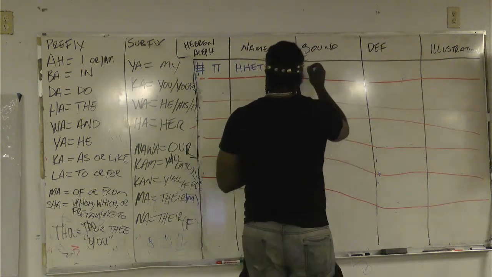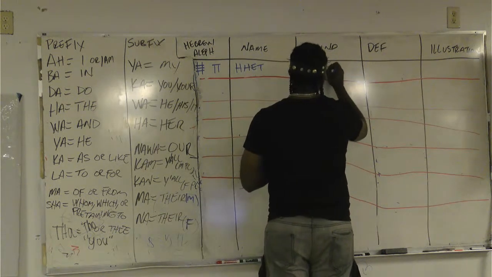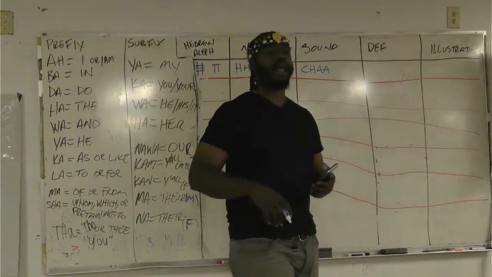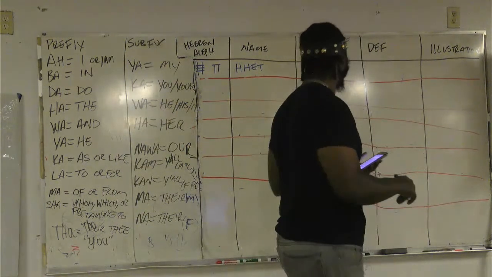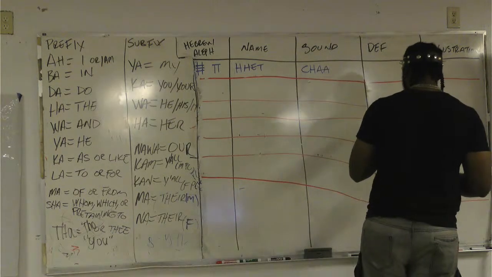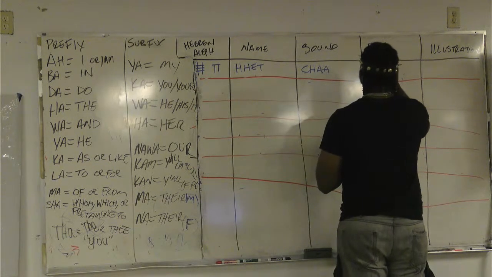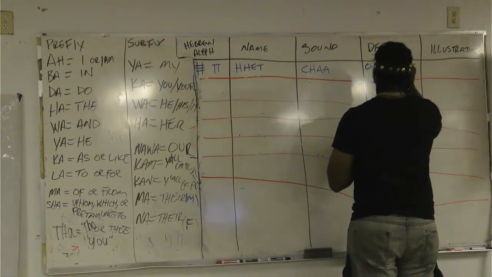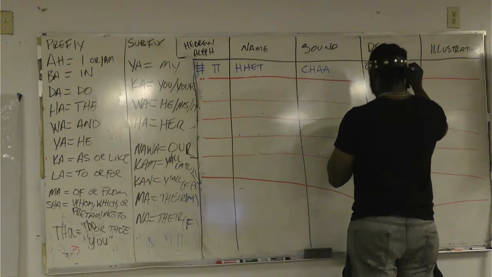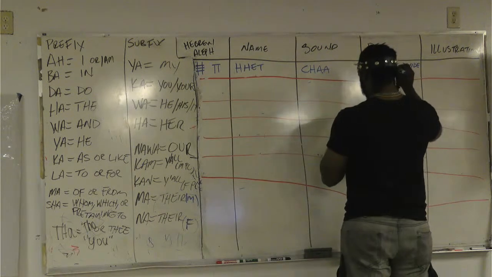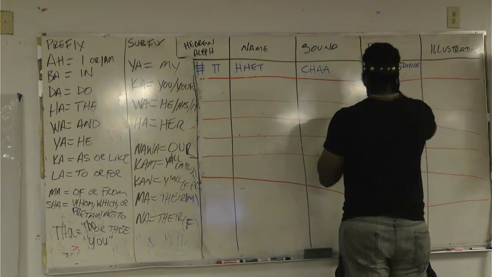And the sound that it makes, all right, is Ha. Like you're hocking up a loogie. You're like, Ha, Ha, Ha. All right. The definition that it gives is outside. Divide. All right. Or half.